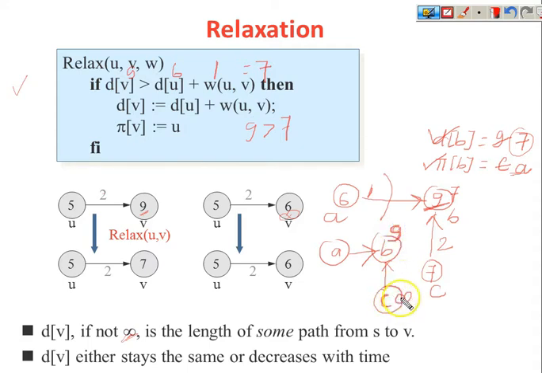Now what does this say? If the value is infinite, that means there is no possible path from A to C, and you can see from this figure that you can go from A to B but not to C. So at the end, when you find the d value is infinite at any vertex, that means that vertex is not reachable from the source.